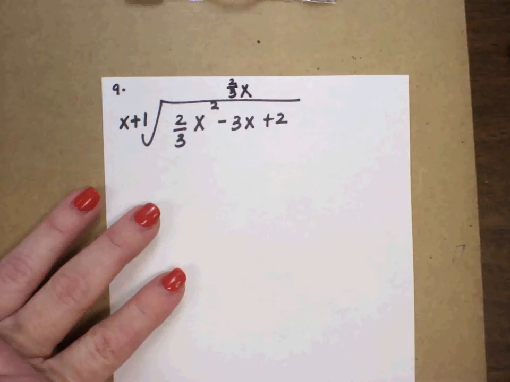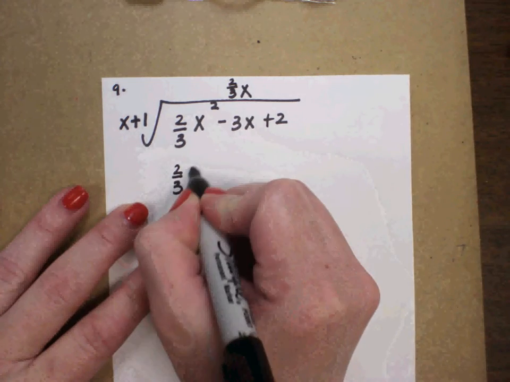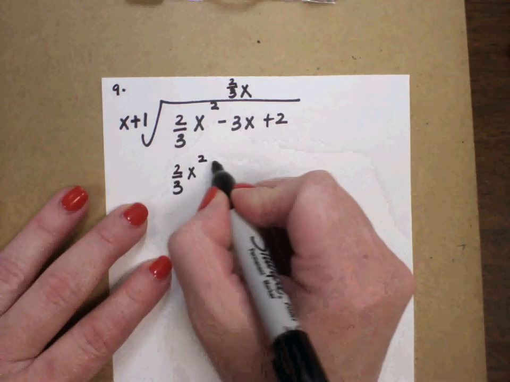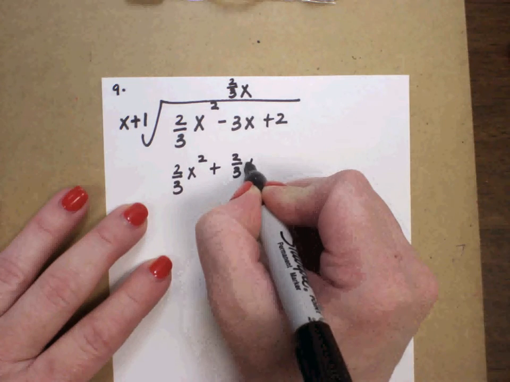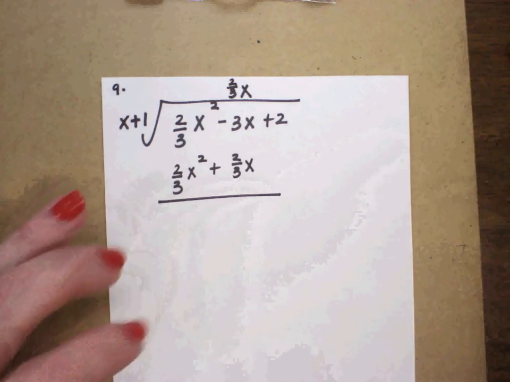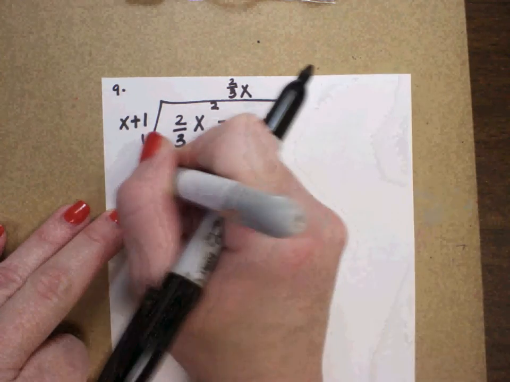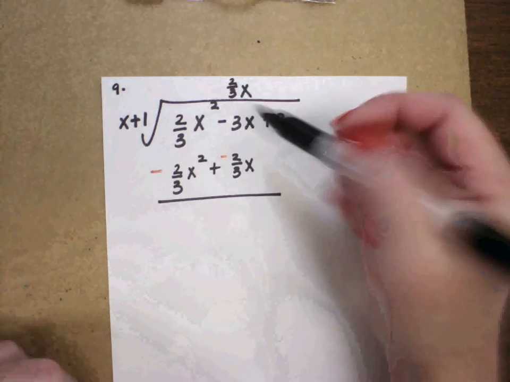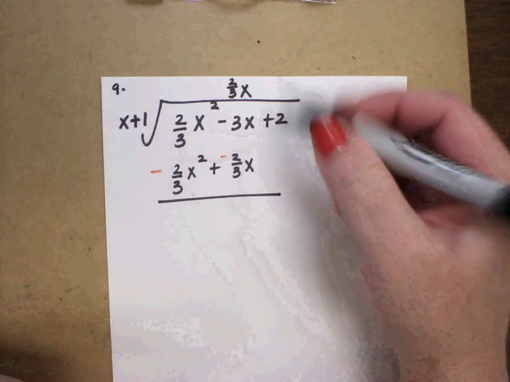So you multiply by 2/3 x, right? Yes? And then minus and minus. Alright, so this is where you're going to have to go ahead and use the calculator, right?